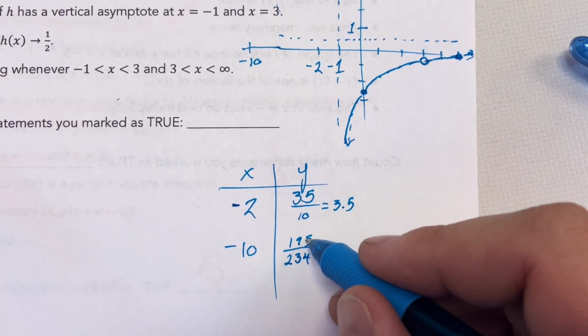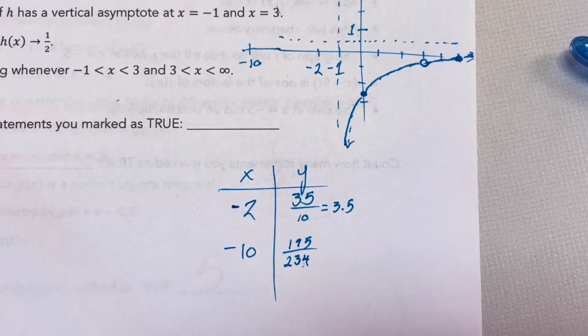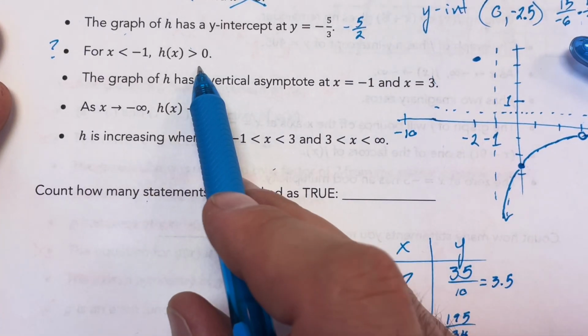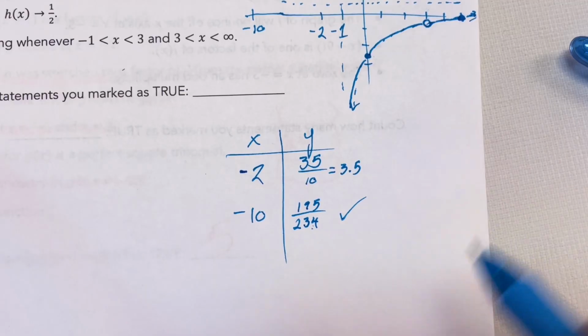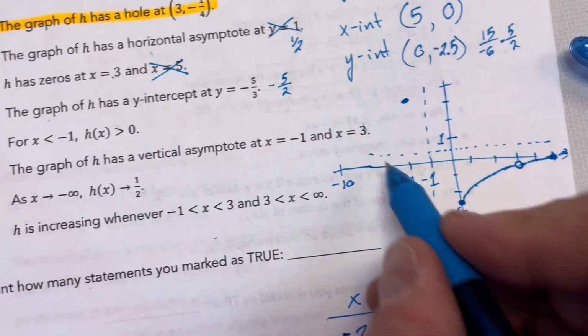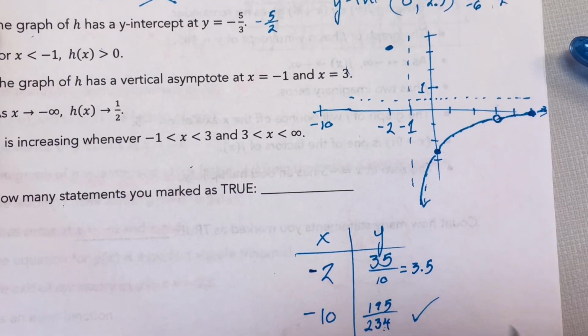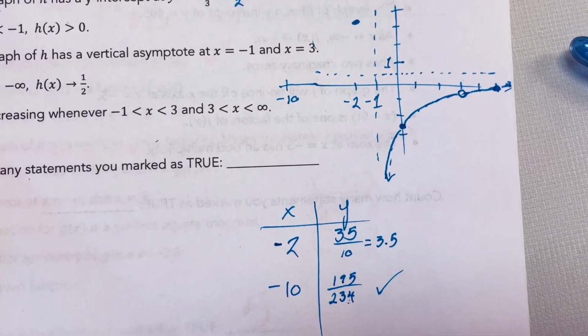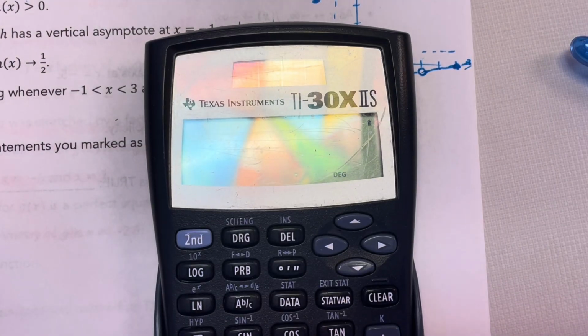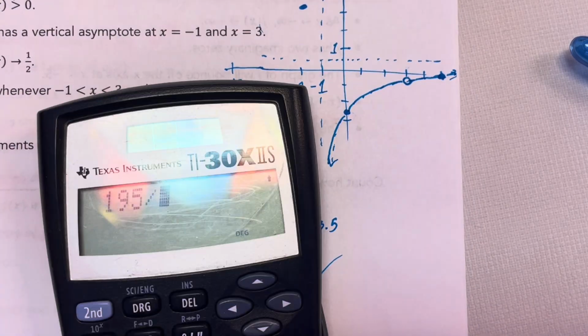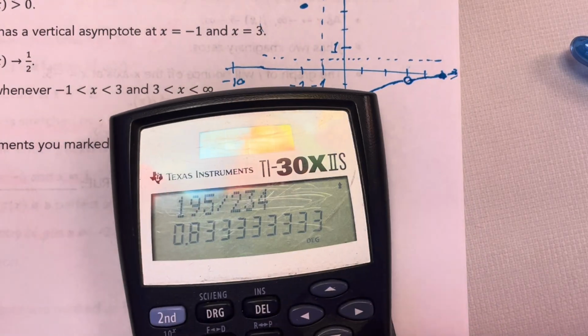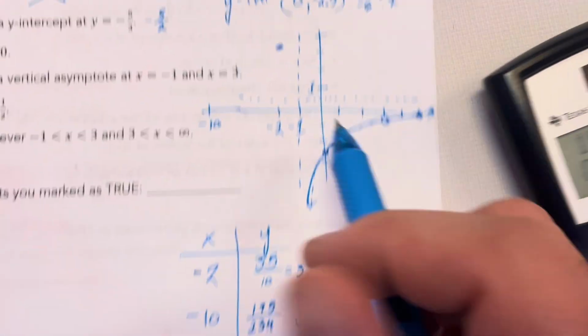When I do that division, I'm trying to see if it's going to be greater than 0, and yes, that's greater than 0. Oh my God, my brain is fried here. So 195 divided by 234 gives 0.83.